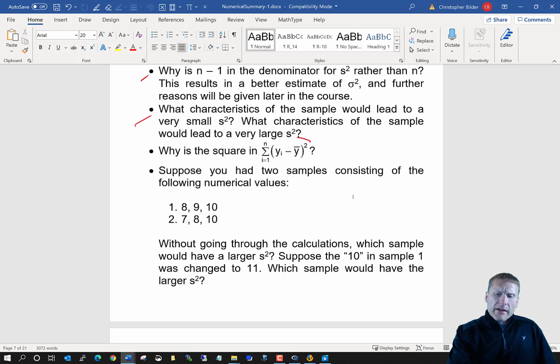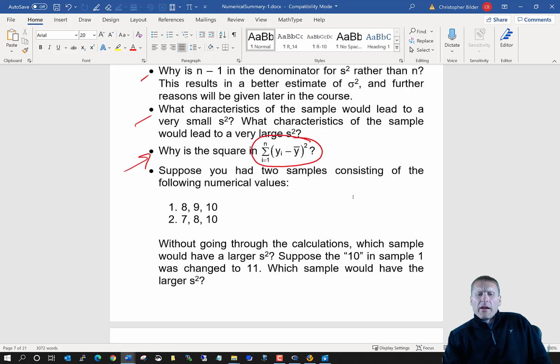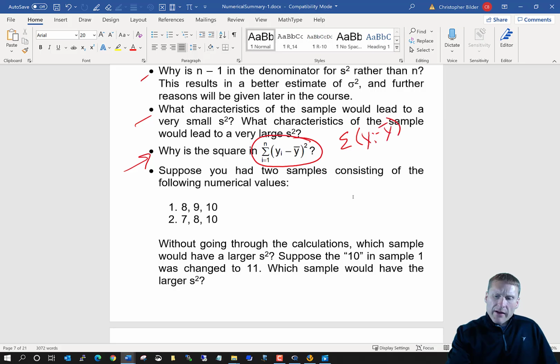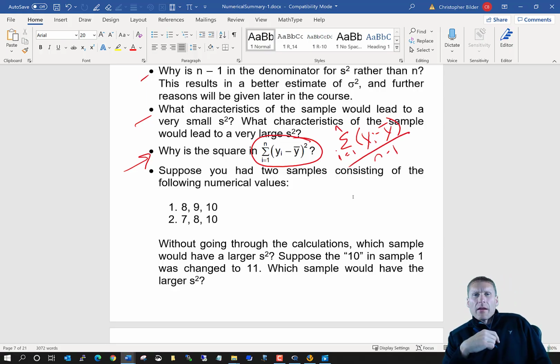So another question: why do we have the square in this yi minus y bar part? Well, if I did not have the square, let me just write it out like this. This will always be 0.